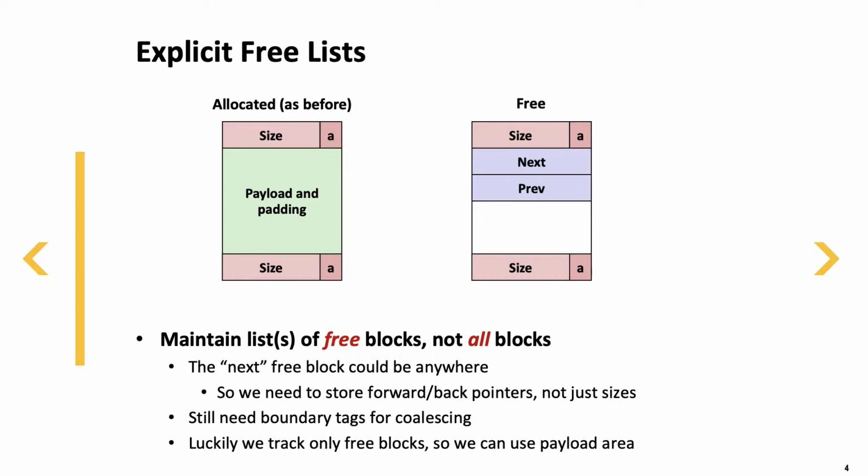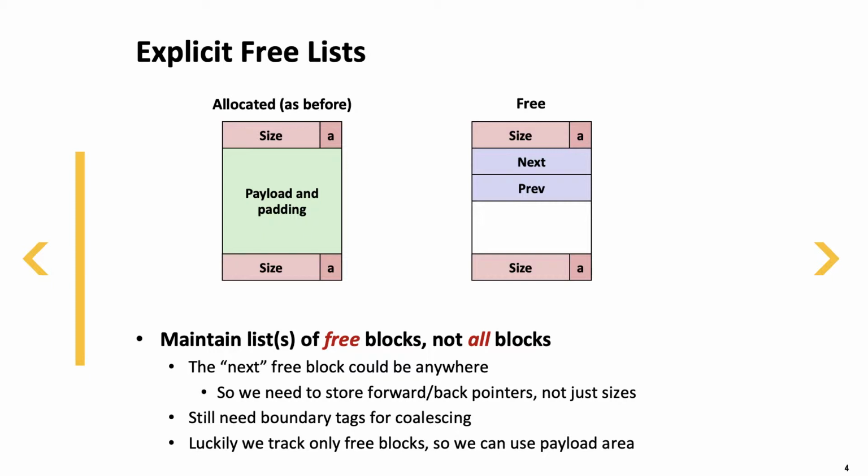Specifically, we're going to store pointers both to the next free block and to the previous free block. So every single free block that we have, we're also going to just slap a couple pointers in there right after the header tag to indicate where the next free block is and where the previous free block is.